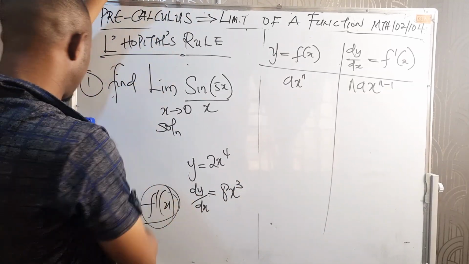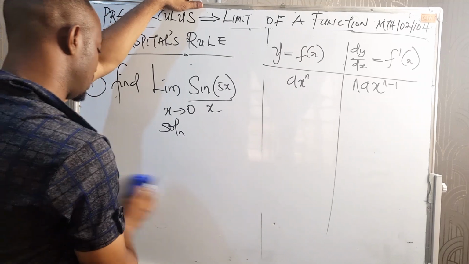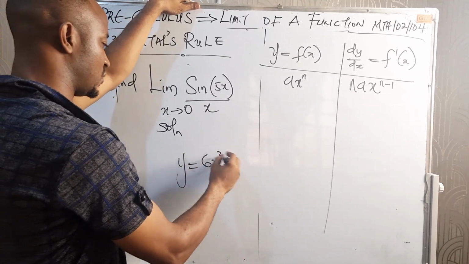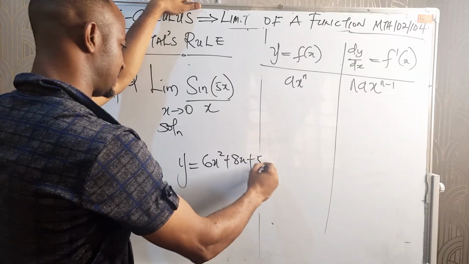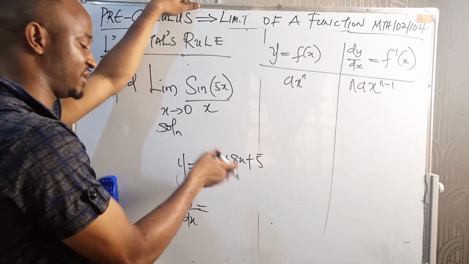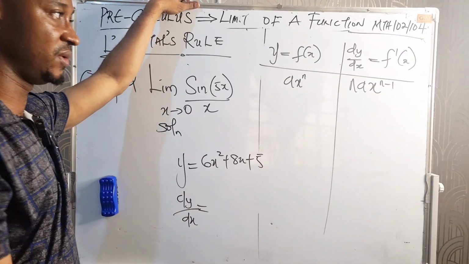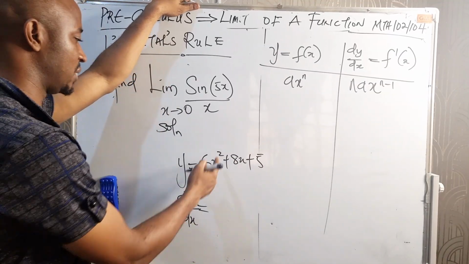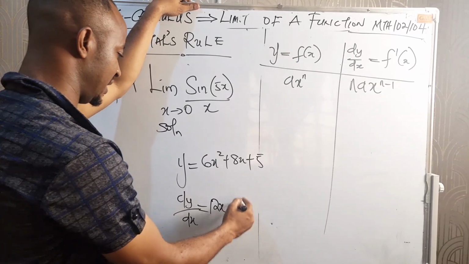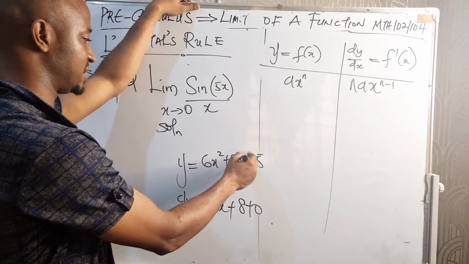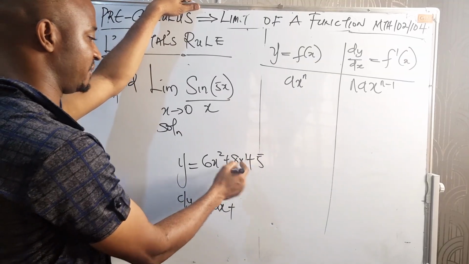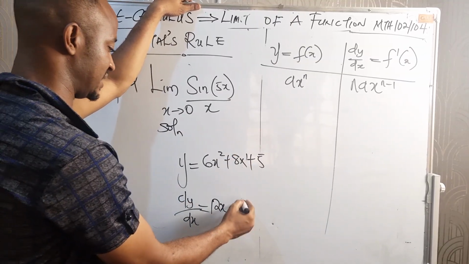What if we have another expression? Let's say y equals 6x squared plus 8x plus 5. What will be our dy dx? In this case, I will differentiate each of these terms, still using the power rule. Here we have 6 times 2, which is 12x, plus 8, plus 0. Let me explain this. The power of x in the second term is 1, and 1 times 8 is 8x.